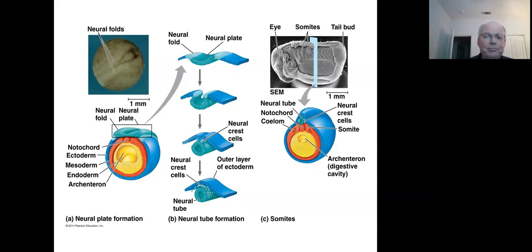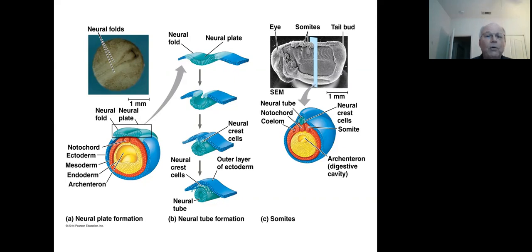If there are two layers of muscle, it will be on both sides of the body cavity. And that in turn determines what type of body cavity you're looking at. The origin of that body cavity, in turn, if it's a true body cavity lined by two layers of muscle, also determines what type of organism you're looking at. We'll talk a little bit more about that in chapter 32.